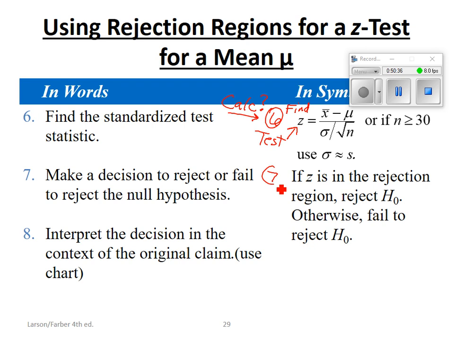Number 7, when you look at your rejection regions, once you find Z, let's say this is our rejection region, and we find Z, if Z falls in that area, then we reject the null. If Z falls in this area, then we fail to reject the null.